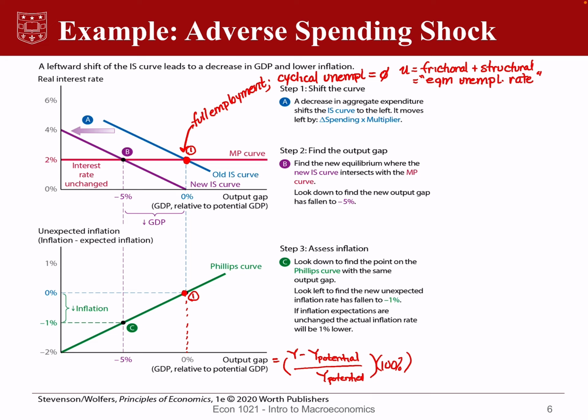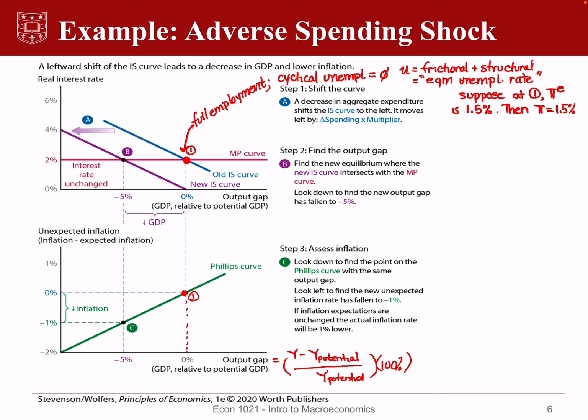So let's just suppose that at point 1, the expected rate of inflation is 1.5%. Then, of course, actual inflation, pi, is also 1.5%. So our starting point is there is no unexpected inflation.